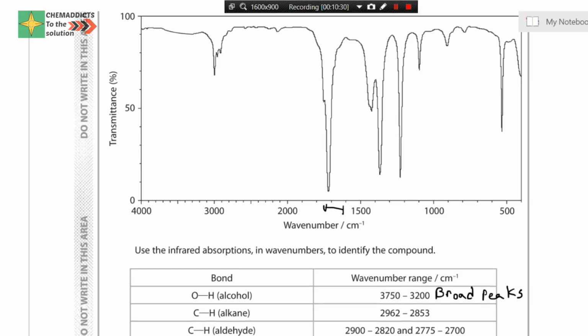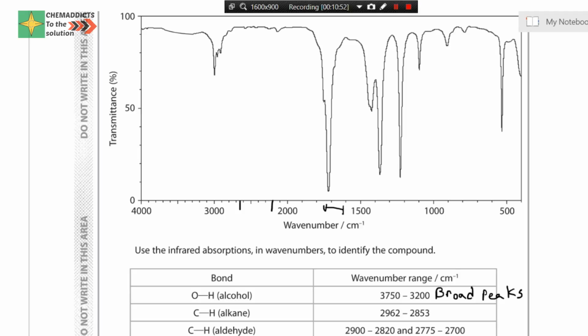Around 2900 to 2800, let me mark this range, somewhere from here to here. Now let's summarize this range.